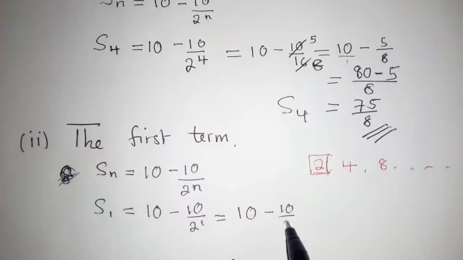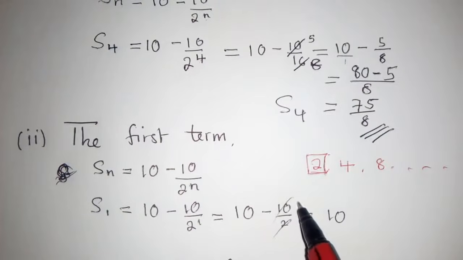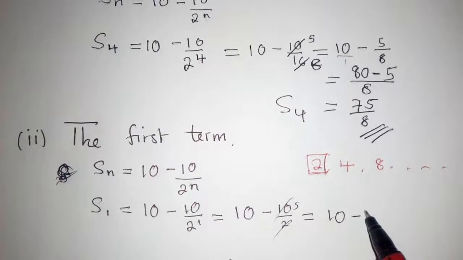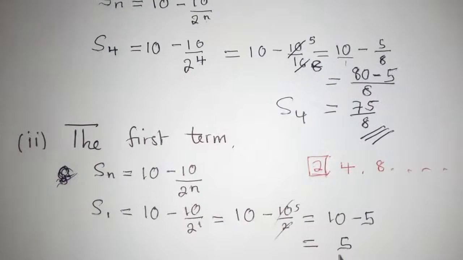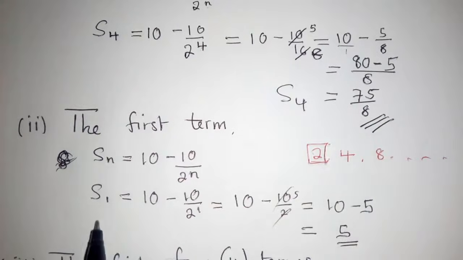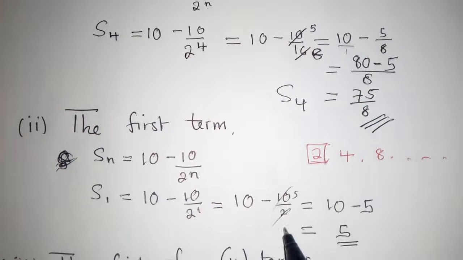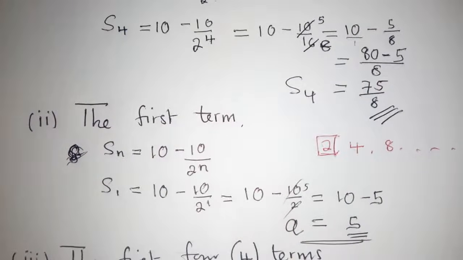So here we have something like this, and then here we have 10. 2 into 10 is 5, so minus 5, and our final answer will be equal to 5. So this 5 we have found is the sum of the first term. The sum of the first term is the same as the a. We have found our a here. This is the solution for question 2.